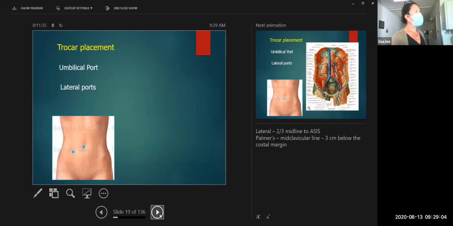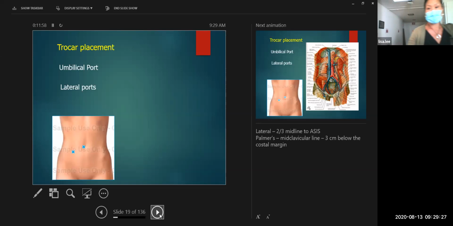Okay. So for the lateral ports, the classic teaching is, you know, ASIS, 2 in, 2 up, which puts you about 2/3 of the way between the ASIS and the belly button. Now, you know, Jane and I always harp on you, don't put it there, because if you put it there, it's low. And if it's too low, you cannot operate on your side. Okay? And so we'd ask to put it higher.